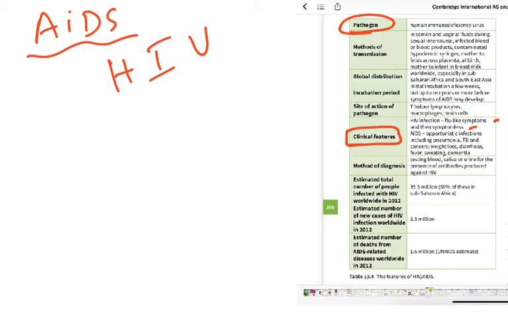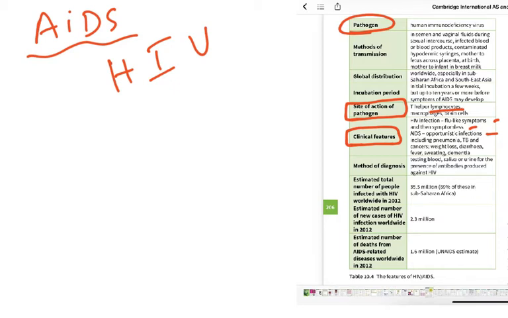And AIDS results in opportunistic infections because of the site of action of the pathogen. It attacks the lymphocytes, and the lymphocytes are the main cells which make antibodies and destroy the invading pathogen.